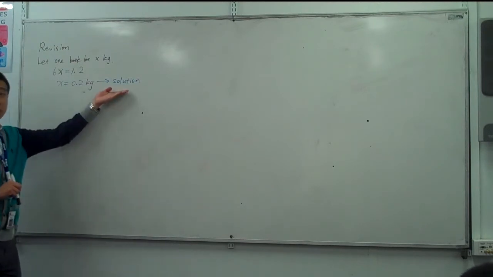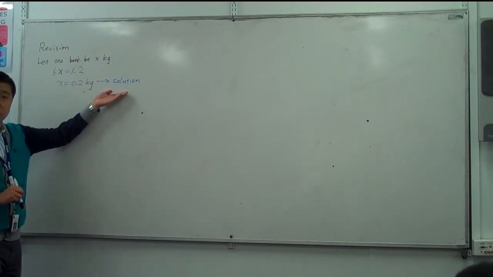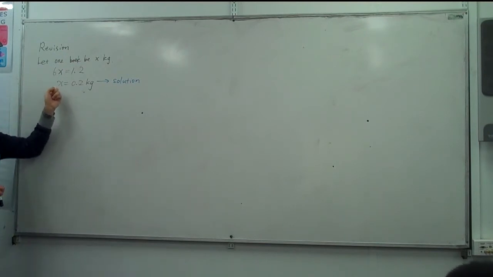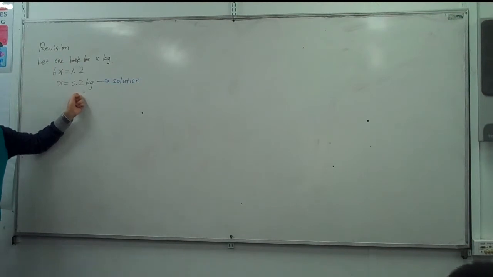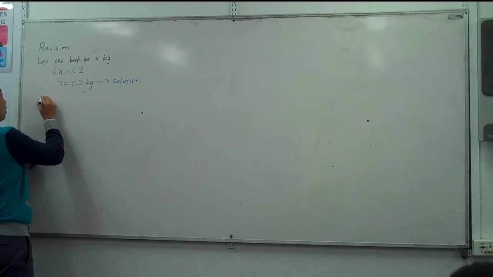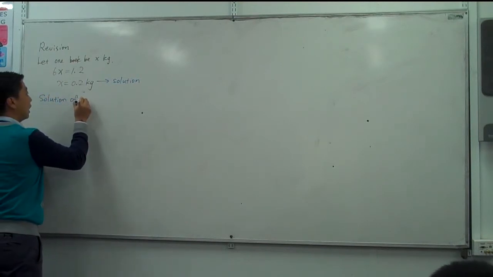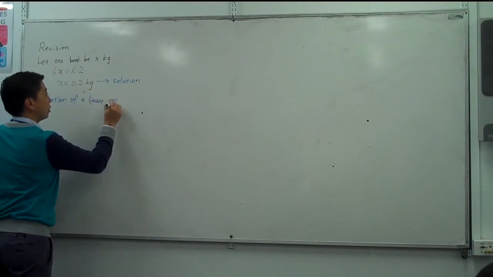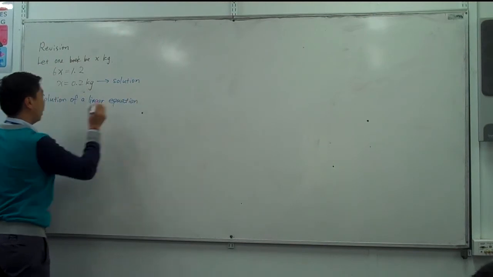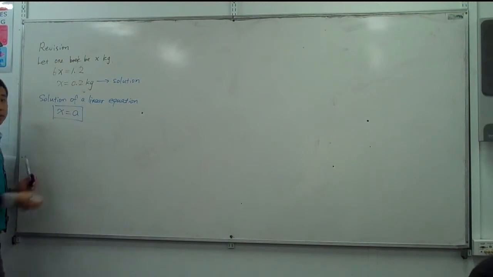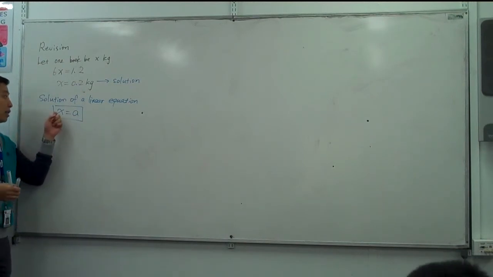We also want everyone to have a look at the format of the solution. For a solution, we want to know the value of x. That's why we write x equals something. In general form, the solution of a linear equation is like x equals a.